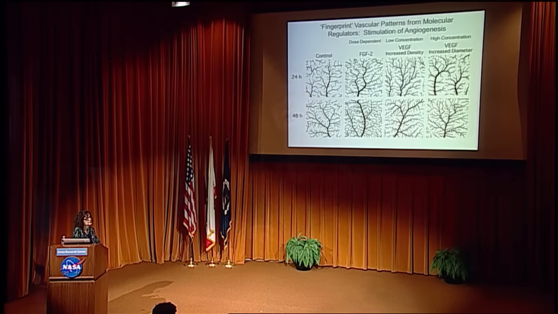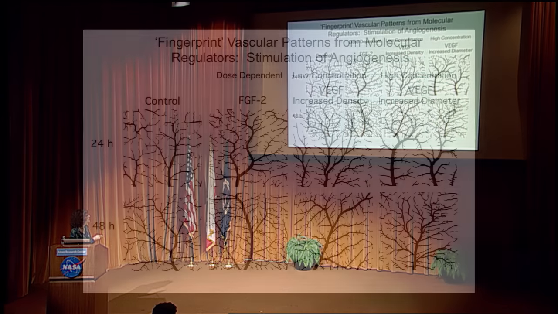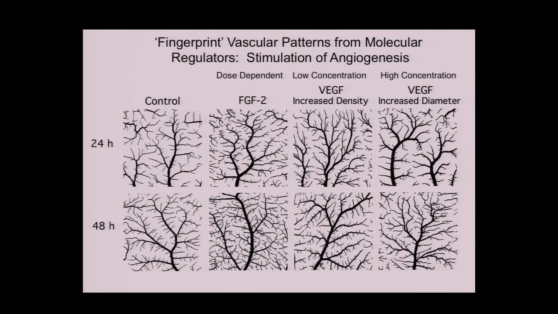My career research really does focus on angiogenesis, its stimulation and inhibition for health and disease applications. So what you see after 24 hours of treatment with FGF is that it was a simple, robust stimulator. It simply induces the growth of new, small blood vessels in a dose-dependent fashion.